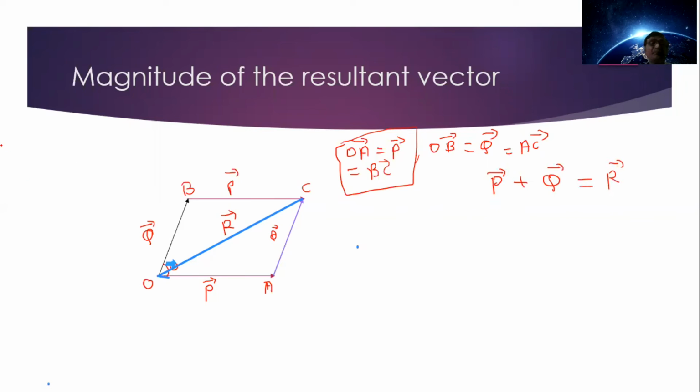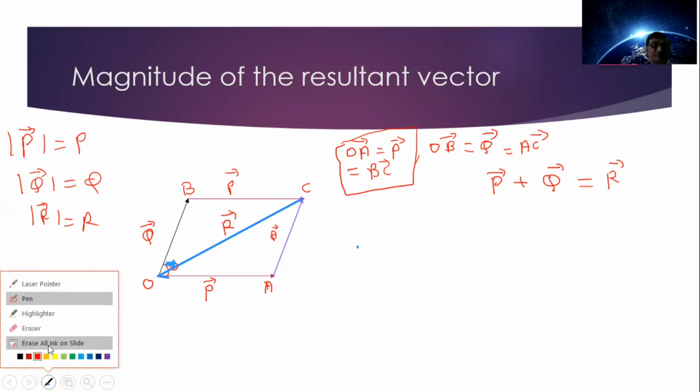Now magnitude of P vector is P, magnitude of Q vector is Q, and magnitude of R vector is R, which is unknown to us. We have to find the value of R.